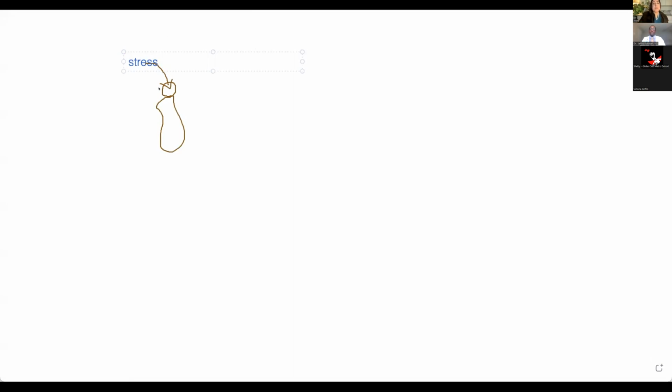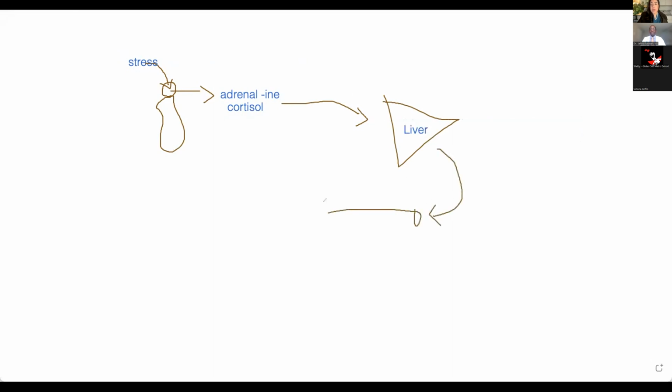When that happens, your adrenal glands release something called adrenaline. So adrenaline. Okay, makes sense? Adrenaline, the other word for that you may have heard is cortisol. Cortisol or adrenaline travel through the body to the liver and tell the liver to do one thing and one thing alone, and that is dump sugar into the bloodstream, because the liver is one of the places that we store fuel in the body.